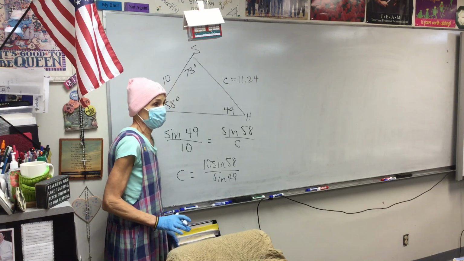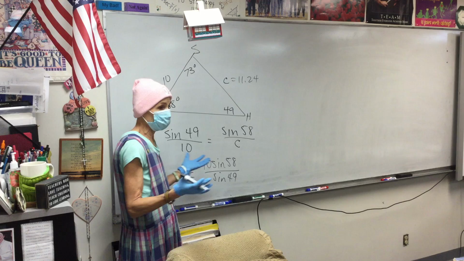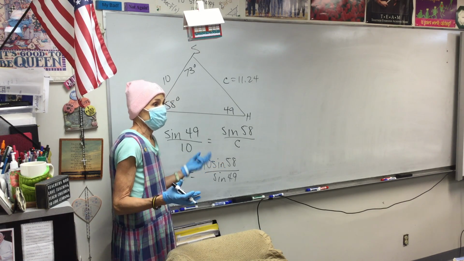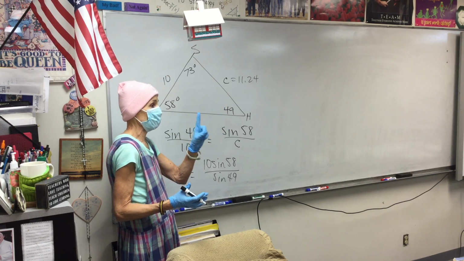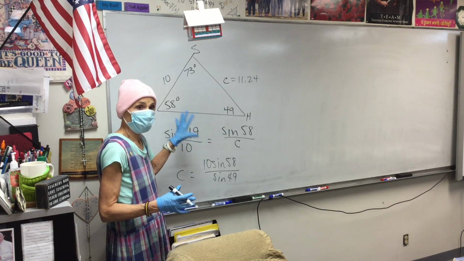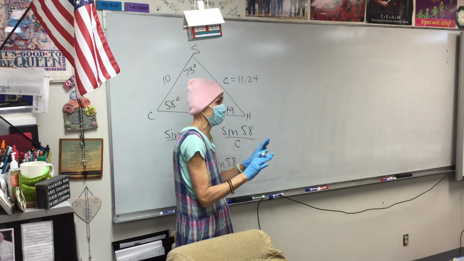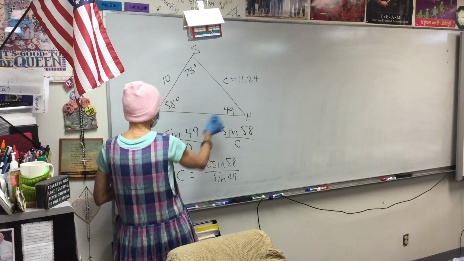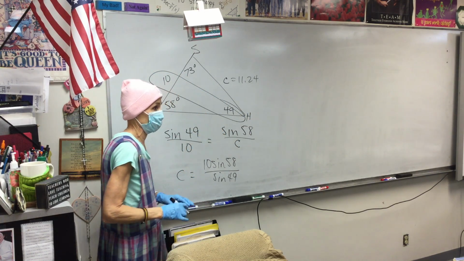Anybody want to confirm that for me? Did I make a mistake or we good? Okay. So everything's cool with the law of sines. Two things that I want to remind you of before we move on. One is that the law of sines is going to be your method of choice whenever you have a pair of information.